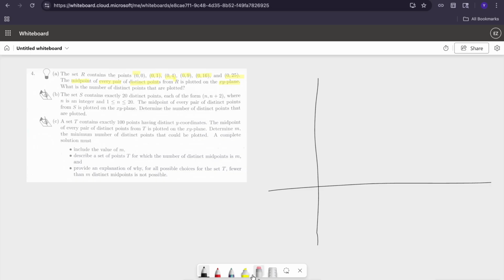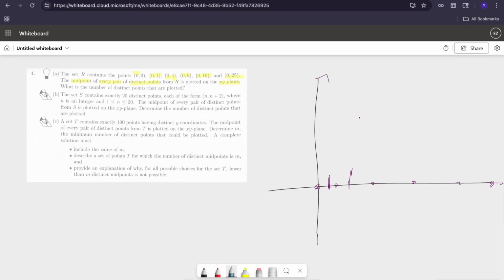So in the set R, we have (0,0), (0,1), (0,4), (0,9), (0,16), (0,25), and so on. The midpoint of (0,0) and (0,1) is (0,0.5). And for (0,0) and (0,4), it's here, (0,2).